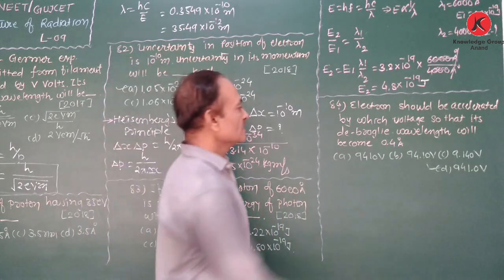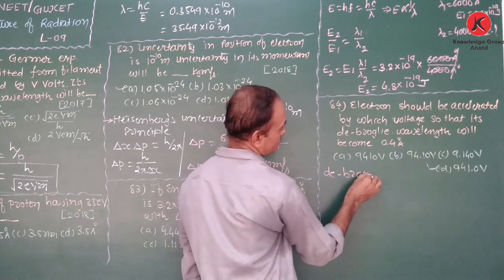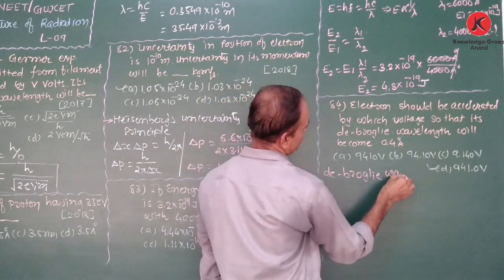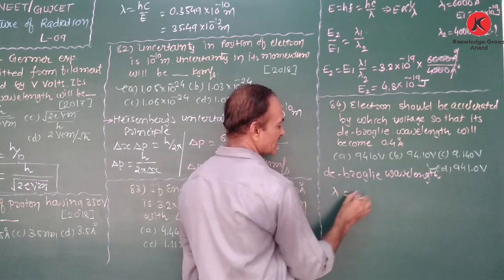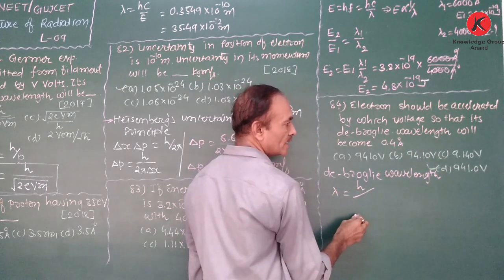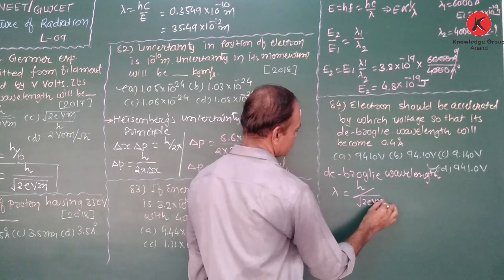So we know that the de Broglie wavelength of an electron lambda is equal to h upon under root of 2eVm.